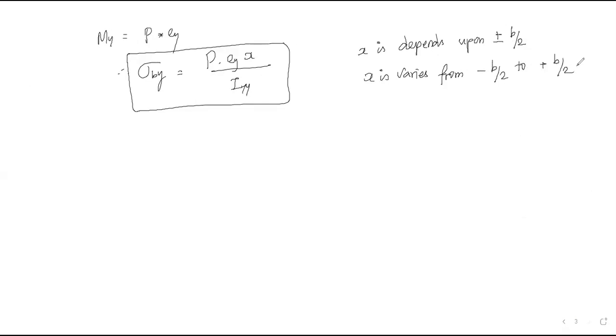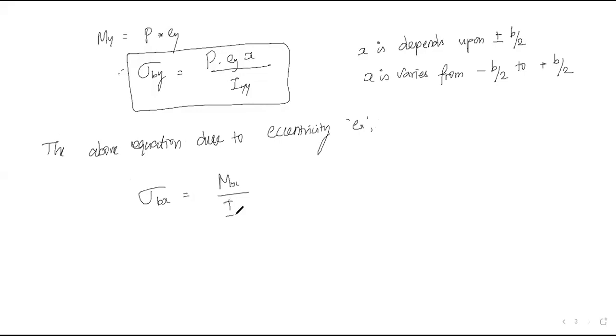Okay, next, the same equation due to eccentricity ex changes as sigma bx is equal to Mx by Ixx into y.